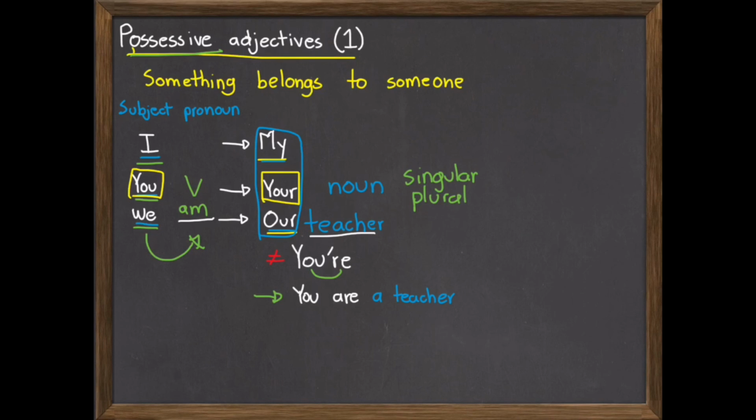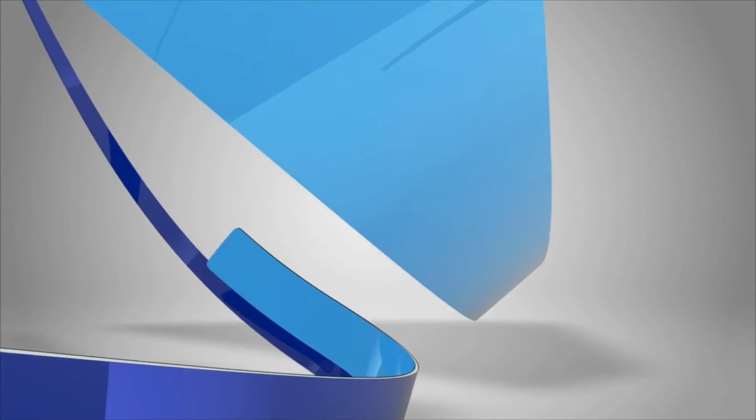Okay, so that was it for possessive adjectives and for this unit's grammar section. I hope you could understand better these 2 topics, and if you have more questions, don't forget to ask your teacher about those questions. We will see you on the next video.